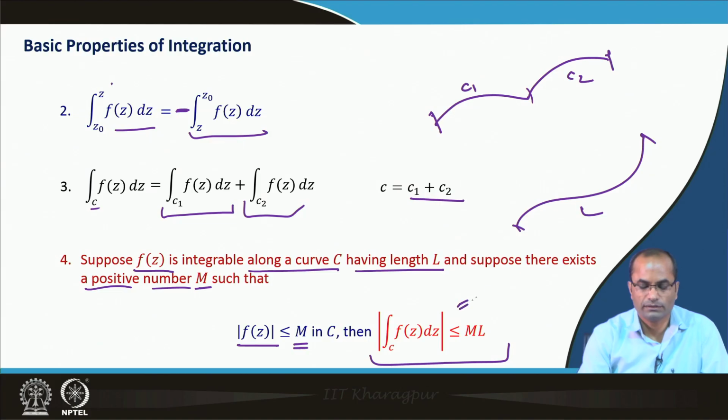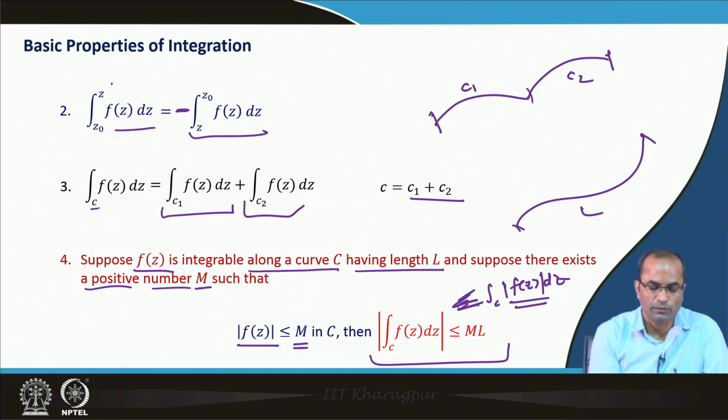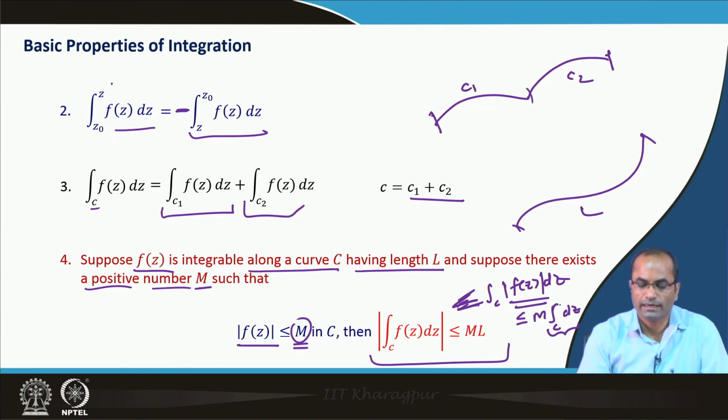So, this integral we can also write as the integral of absolute value of f(z) times dz. So, this integral will be bounded by this integral, and f(z) is bounded by M. So, we have this bounded by M times the curve integral of dz, and this is nothing but the length of the curve.